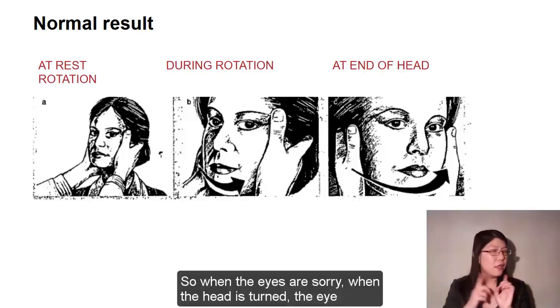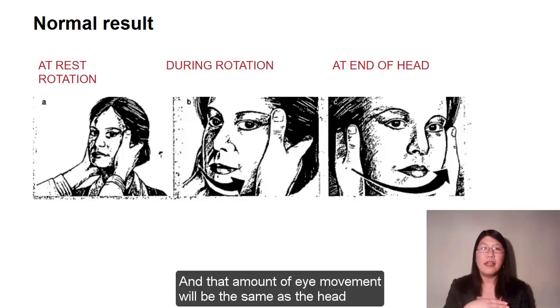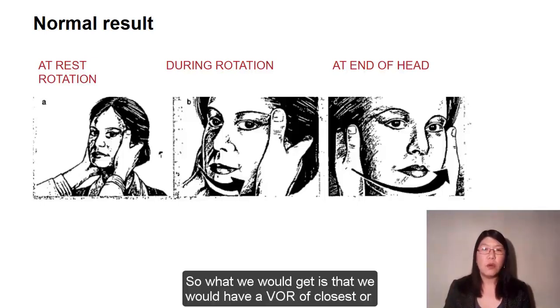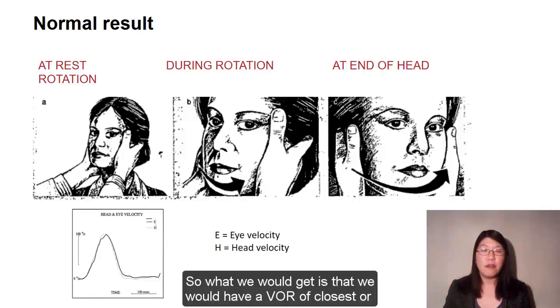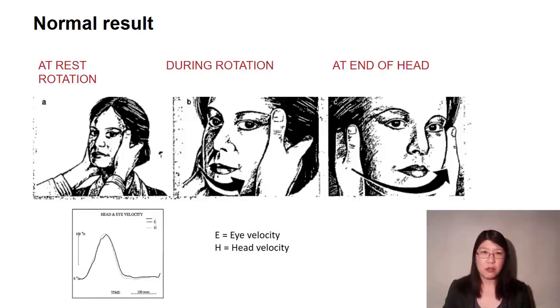So when the head is turned, the eyes should deviate and compensate for that head turn, and that amount of eye movement will be the same as the head movement, but in the opposite direction. The velocity should also be the same. So we would get a VOR gain of exactly 1 or close to 1, where the eye and the head velocity match.